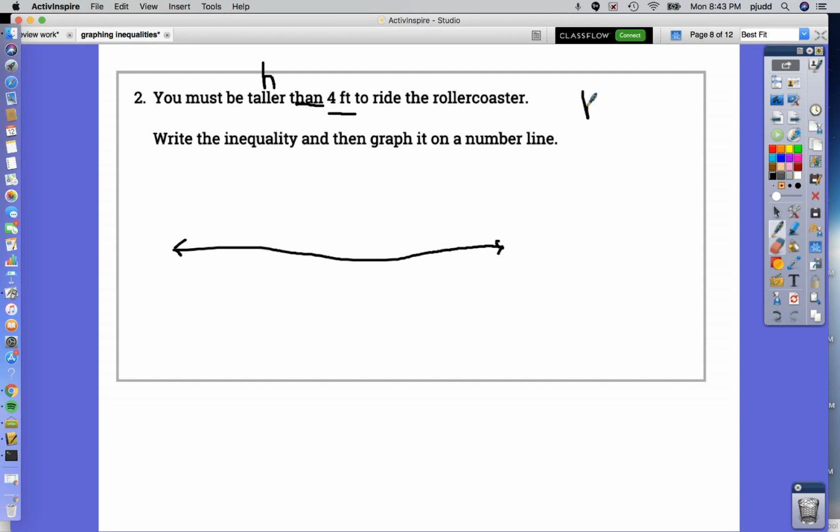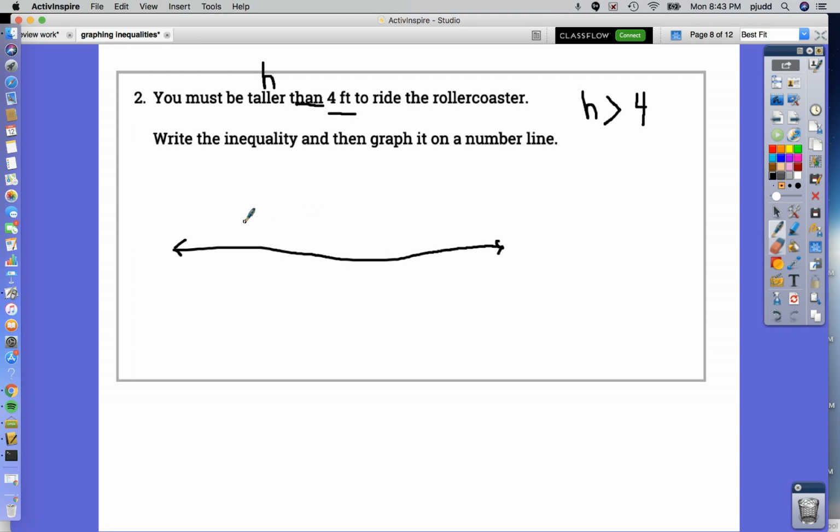Okay, well, my inequality, I'm going to have H is greater than 4. If I have to be taller than 4 feet, then it has to be greater than. And can I be 4 feet? This doesn't say equal to or taller. It says taller than 4 feet.